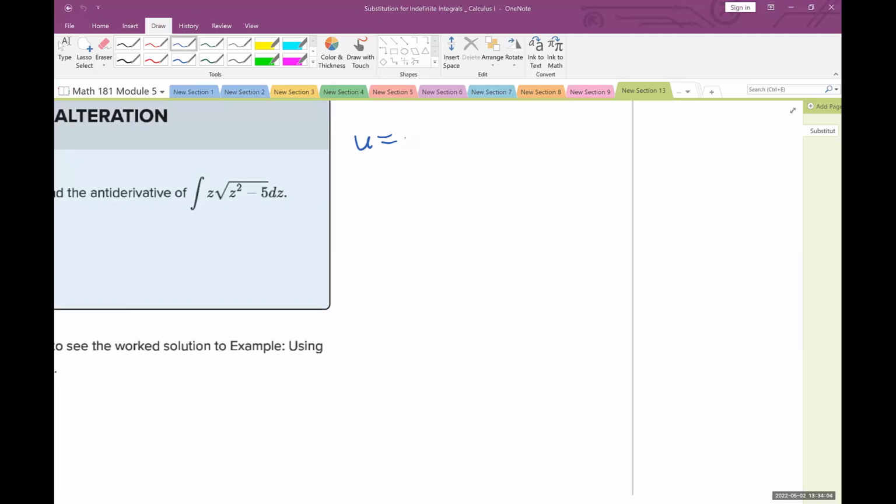So in that case, the u here is the stuff under the radical, z squared minus 5. So now we think of what is the derivative of z squared minus 5? 2z, very good. So du would be 2z dz.